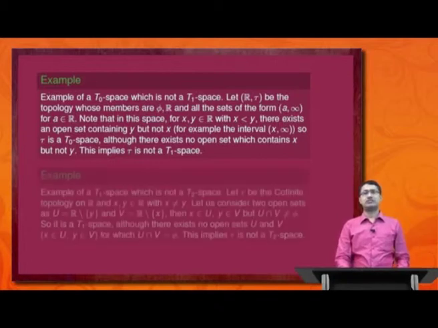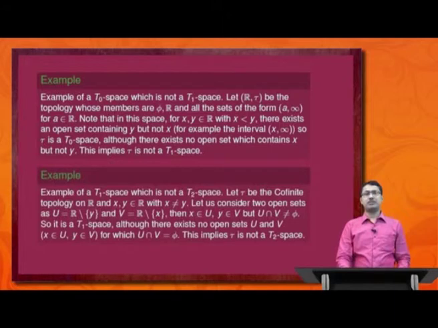Next, we consider another example of a T1 space which is not a T2 space. We consider the cofinite topology tau on R, and x, y belonging to the real numbers with x not equal to y. Let us consider two open sets U equal to R minus singleton y and V equal to R minus singleton x.